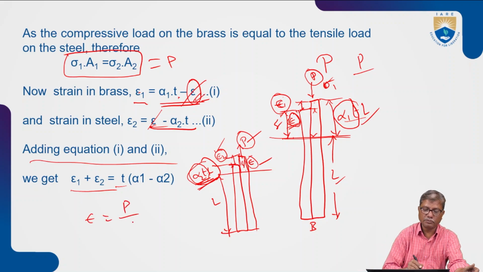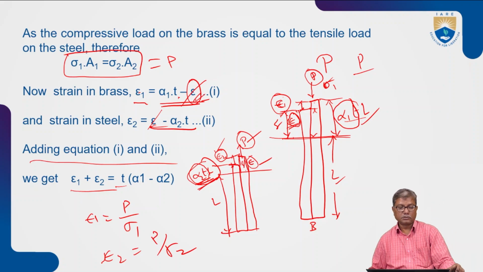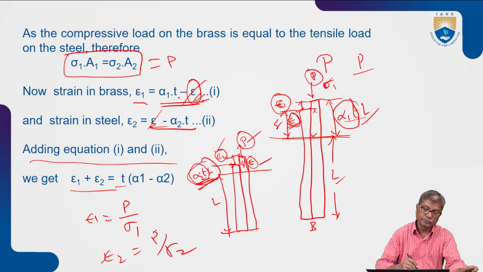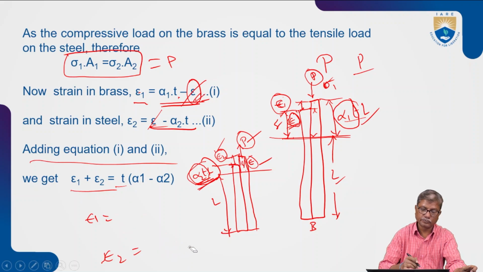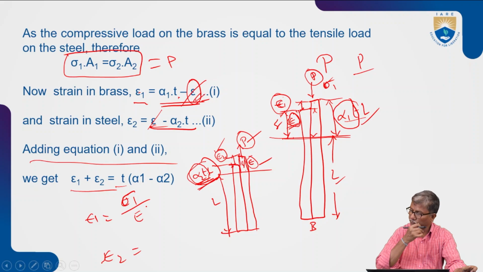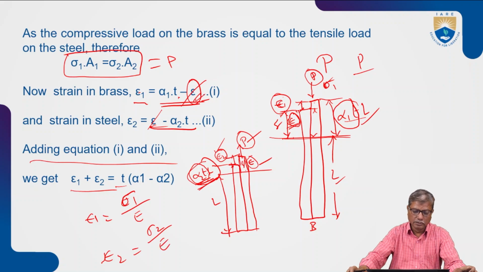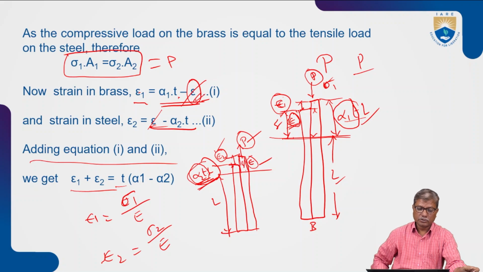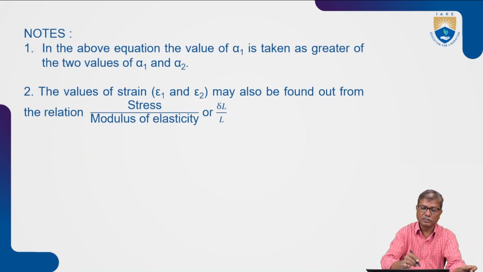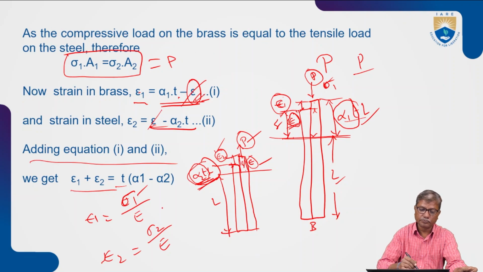Also, epsilon 1 is sigma 1 by E and epsilon 2 is sigma 2 by E. So, substituting these values, we can find the stresses sigma 1 and sigma 2.